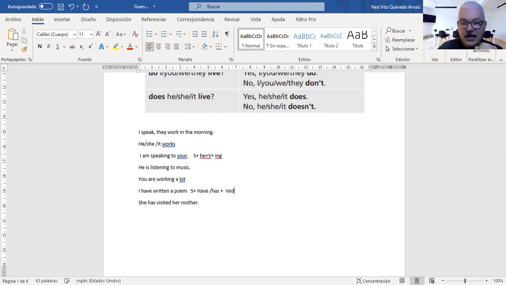Normally we say verb adding the ed form, because it is the past participle in regular verbs. But you know that in English, there are lots of irregular verbs and they will take their own forms, and that may vary a lot. Like in this case, written.